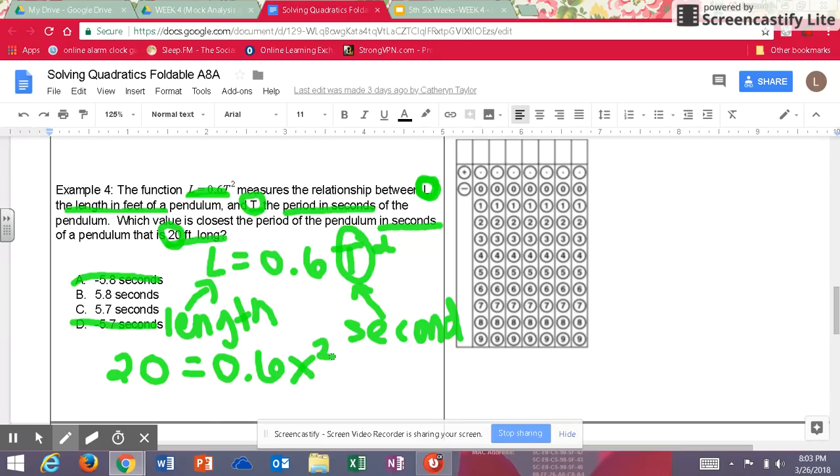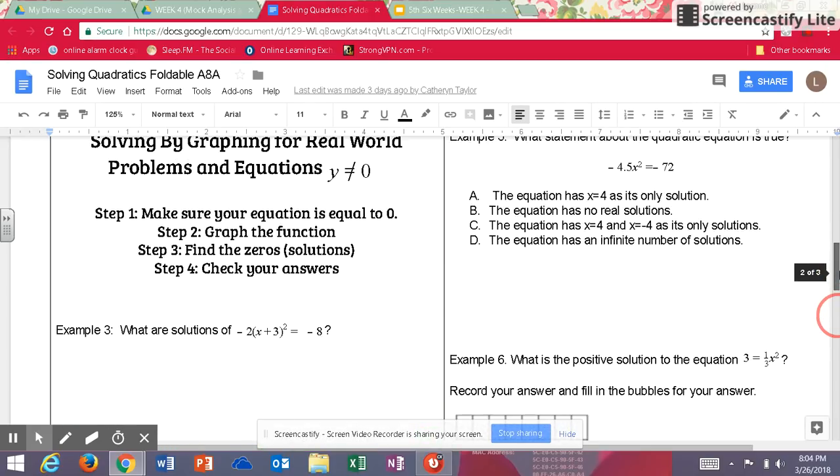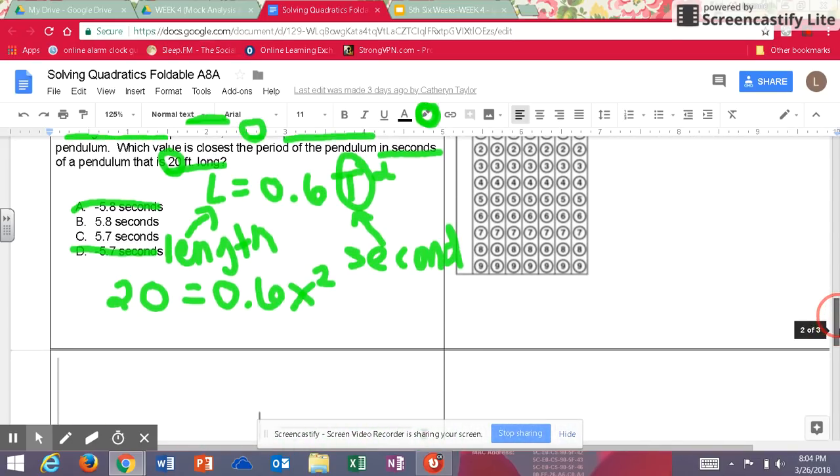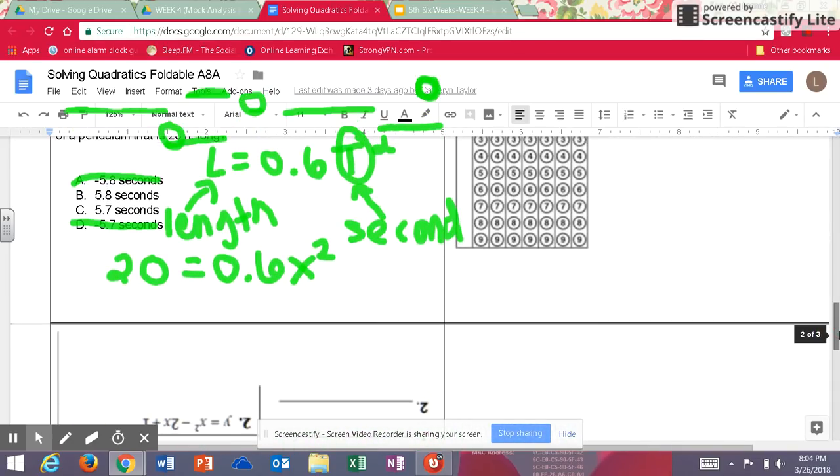So if we go back up to our rules, we've got to make sure your equation is equal to 0, then graph the function. So we haven't yet actually completed step 1. We have to make sure the equation is equal to 0. I'm going to leave my x squared alone.